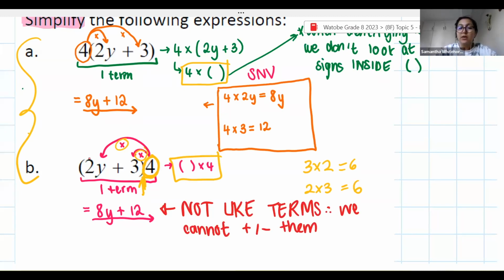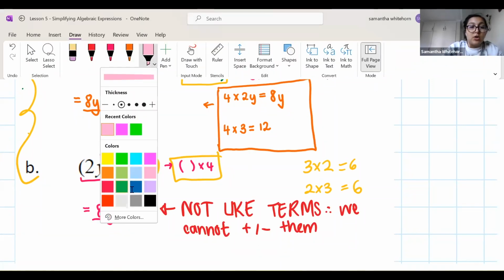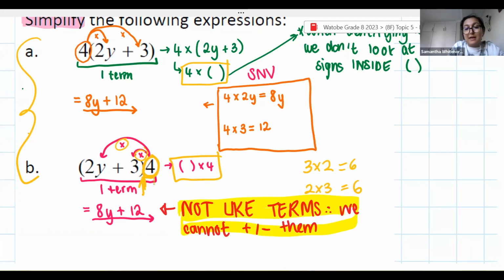They can't be added or subtracted, so they stay 8y plus 12. That is it. That is very, very important. Please remember this. They are not like terms, so you can't add and subtract them. If you start adding or subtracting unlike terms, you're making up some other kind of maths that doesn't exist. So don't do that.